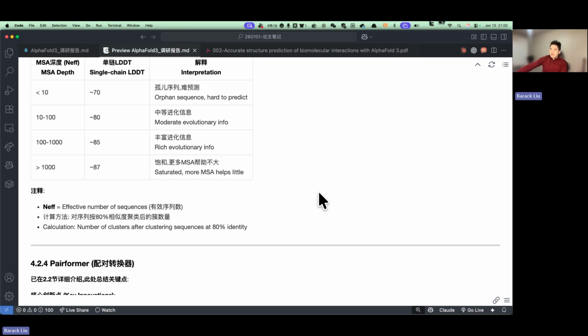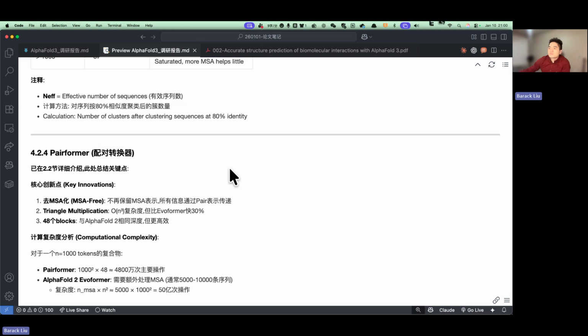Calculation: number of clusters after clustering sequences at 80% identity. I found that even if I read it, I still don't understand it very well. What's wrong with my understanding? Because I'm stupid? Why?